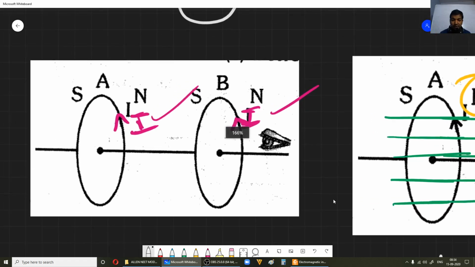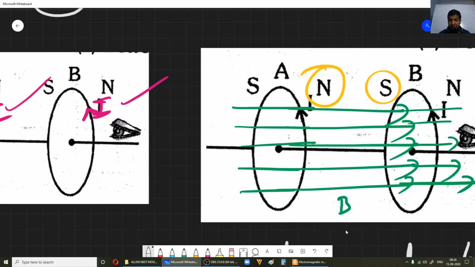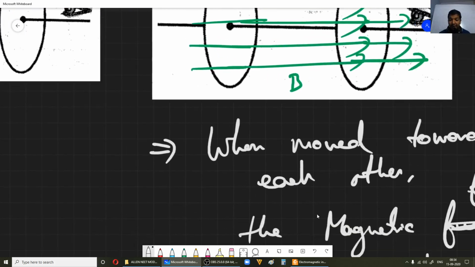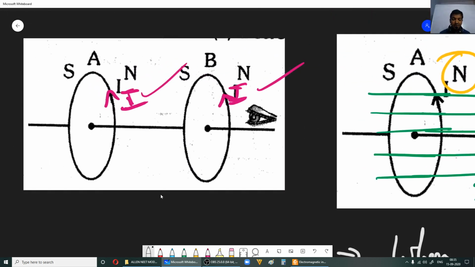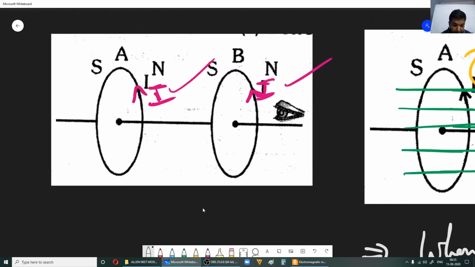Now since you are moving these two coils closer to each other, the magnetic flux in both the coils will increase. So let us talk about induced current now. See the pink one, consider it only due to the battery. Magnetic field is towards you. Now let us consider coil A. Magnetic field was towards you, just focus on coil A now.